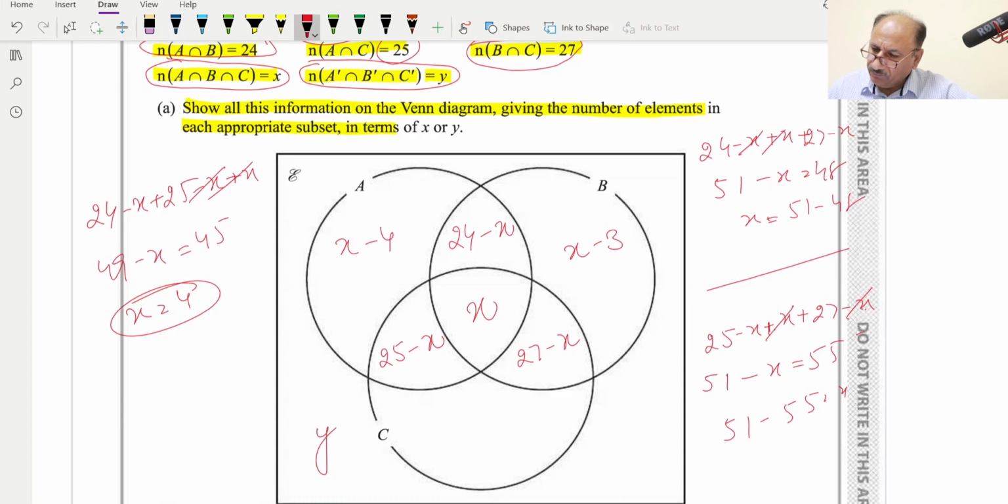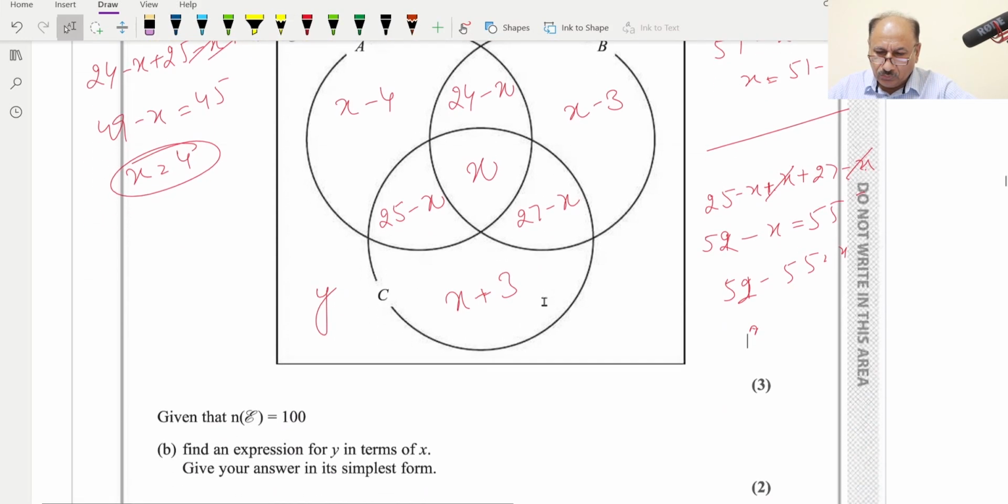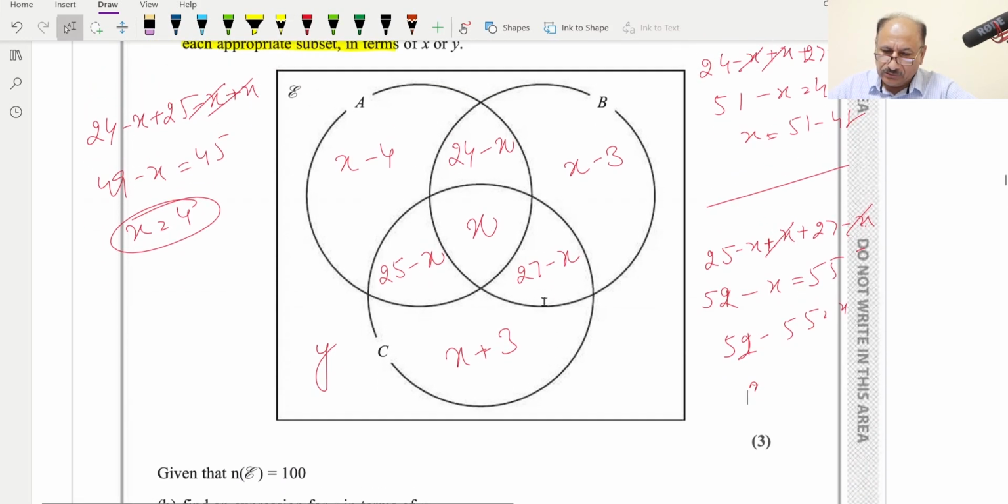So this will be 52, not 51. So 52, and this will be equal to 55, so the remainder is 3. We can take it as X plus 3 because we are getting minus over here. So this will be our situation.